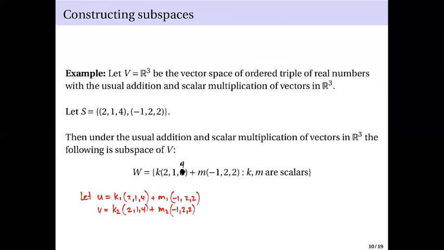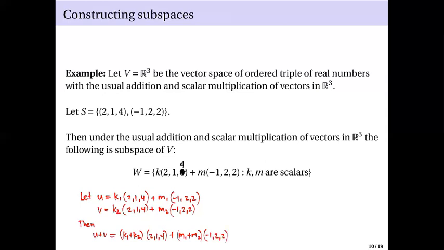Then if you add them, u plus v is simply, of course, since (2, 1, 4) is the same in both, you can just add these two scalars: (k1 plus k2) times (2, 1, 4), then the other one, same, (m1 plus m2) times (-1, 2, 2).